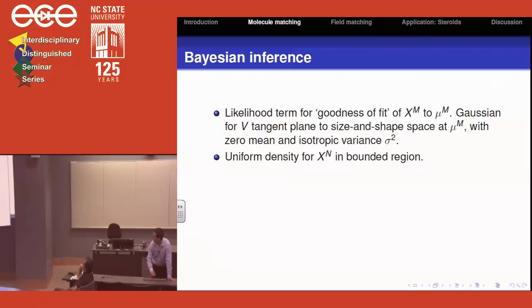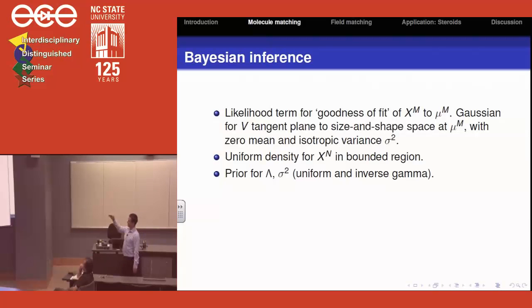And then, because I'm going to do it in the Bayesian way, I will introduce a prior distribution for the parameters. The parameters here are the lambda, the matching matrix, and the sigma squared, which is the error variance as well. So I won't dwell on all the details of these distributions, but I'll try and give you the idea. The idea is I've got a model for how close they are matching together for the matched part.